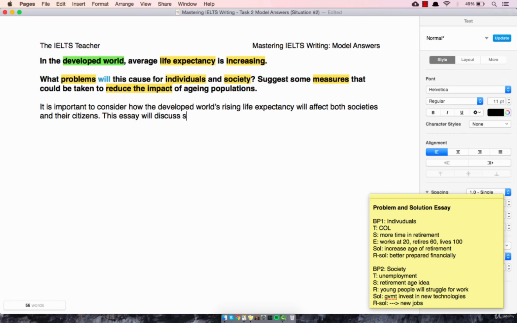We'll discuss some of the problems which might arise. Again, we may be able to be a little bit better with paraphrasing a different word for problems, because we've got problems there. We'll go with issues, but it's not a big deal. This essay will discuss some of the issues which might arise as a result of this.